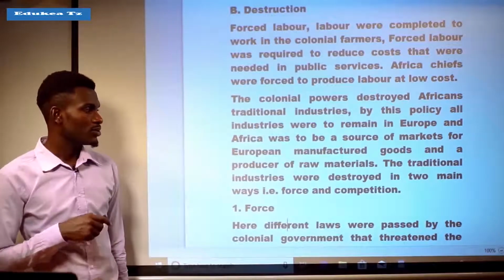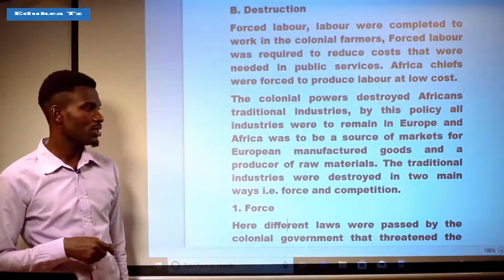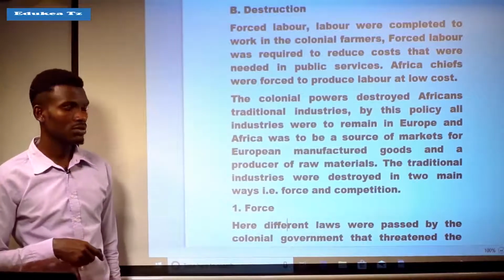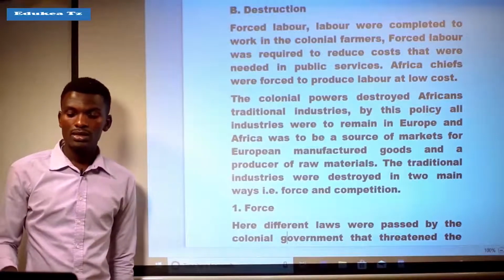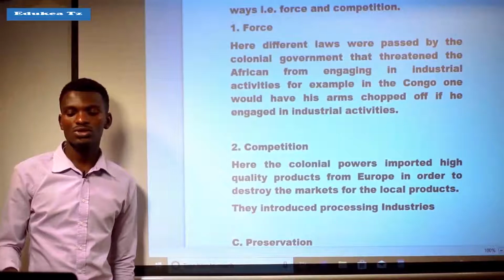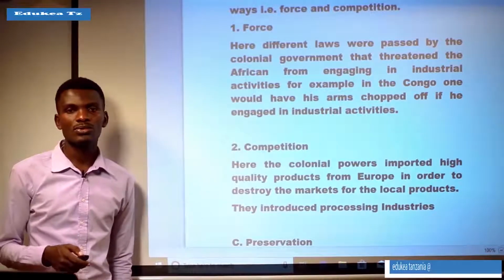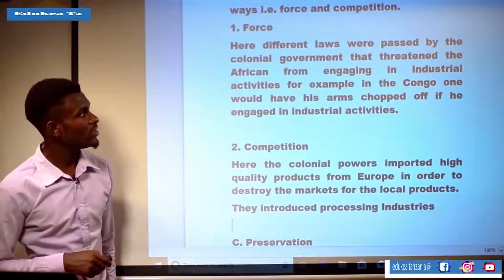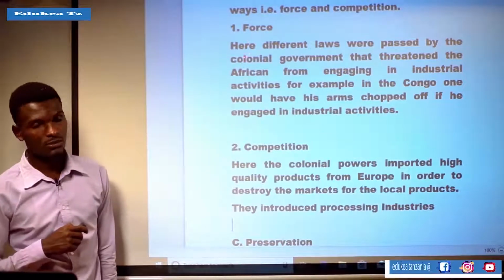The traditional industries were destroyed in two main ways: force and competition. To mean that the destruction of African local industries or traditional industries was carried out in two ways. The first one was by using force.